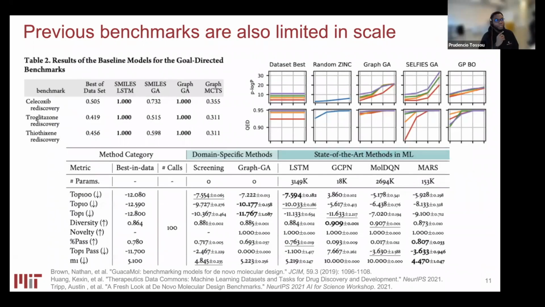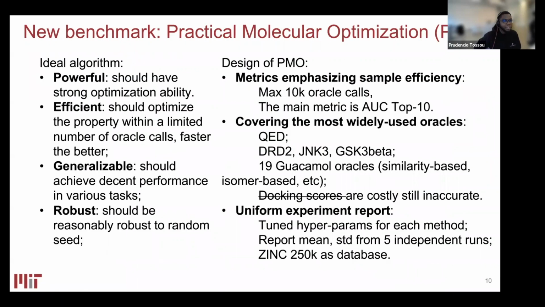I have one question. Before you move, can you go back to the previous slide, please? So, what's the oracle for DRD2, GSK3 beta? Is it just a docking score or the actual binding?